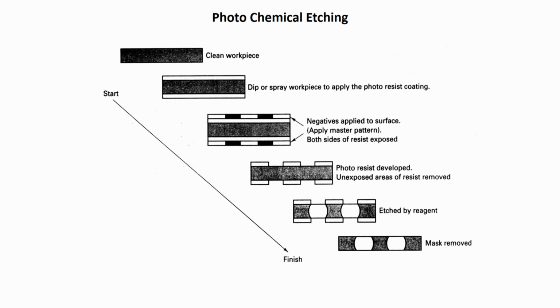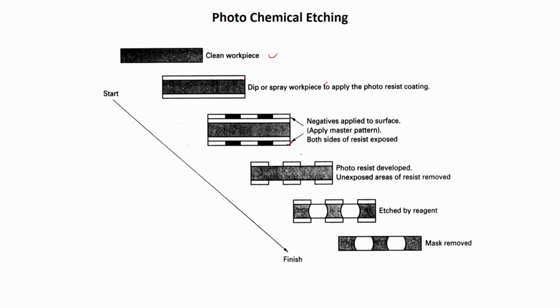So these are the different steps of photochemical machining. First you have to clean the workpiece, then dip or spray the workpiece to apply the photoresist coating. The negatives are applied to the surface, with the master pattern applied on both sides of the photoresist.